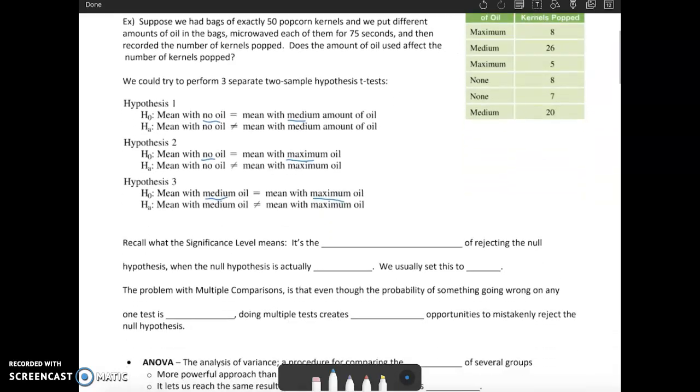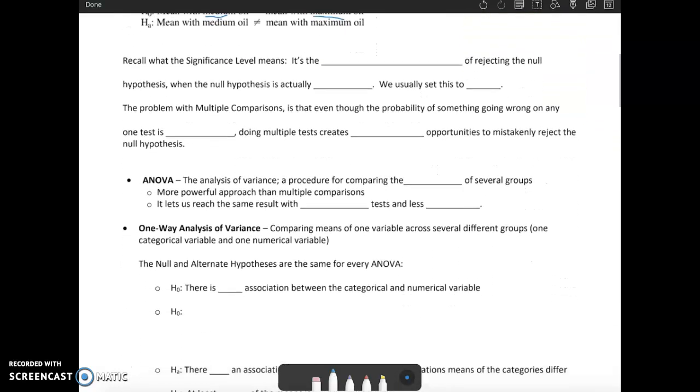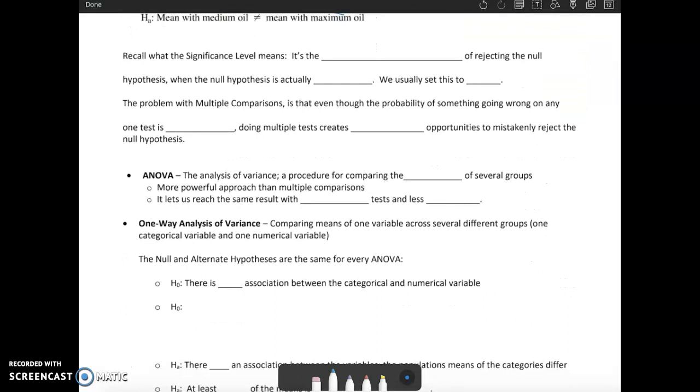This leads us to remember what the significance level actually is. The definition of the significance level is the probability of rejecting the null hypothesis when the null hypothesis is actually true, right?